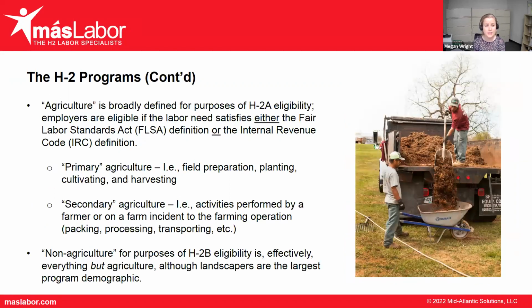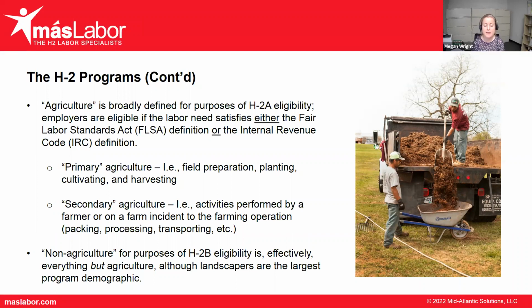And so agriculture is really broadly defined for the purposes of H-2A eligibility. Employers really need to think through making sure that they satisfy either the Fair Labor Standards Act, FLSA definition, or the Internal Revenue Code, or IRC definition. And those are split into primary agriculture, which is what we think of when we're really planting, cultivating, harvesting, doing that work directly on the farm, or then secondary agriculture, meaning activities that are performed either by a farmer or on a farm incident to the overall farming operation.